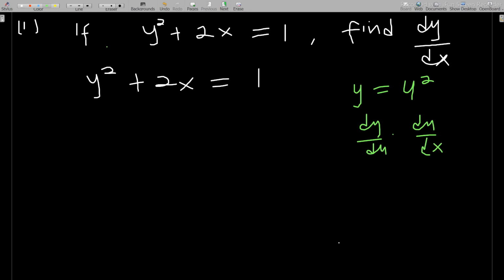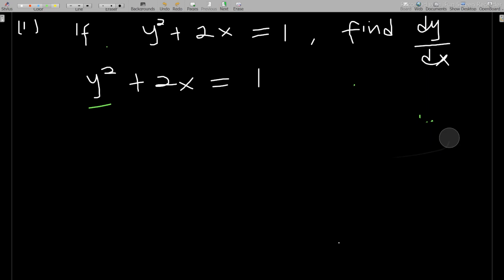So here you simply differentiate this with respect to y, the same idea as differentiating with respect to u. Here y is also a function of x. So I differentiate this with respect to y and I'll have 2y times dy dx. Simply, wherever I see y, when I differentiate y, I attach dy dx to it.